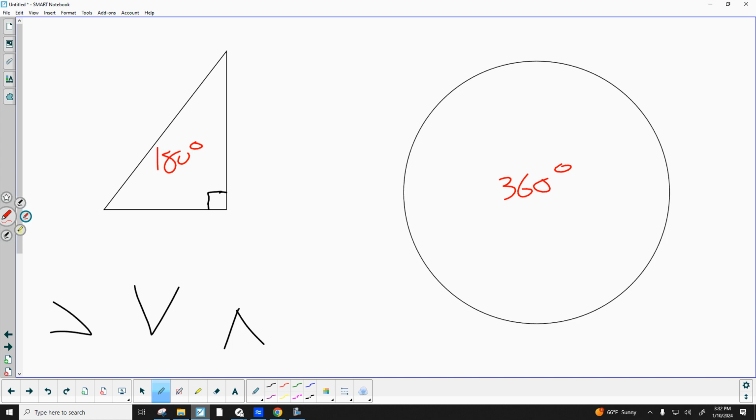Why are there 360 degrees in a circle? Does anybody know? Why aren't there 100 degrees in a circle? Why did we decide to use 360 degrees in a circle? Why didn't we say this was 100? I'll give you some hints.